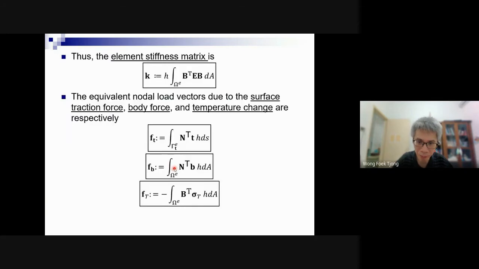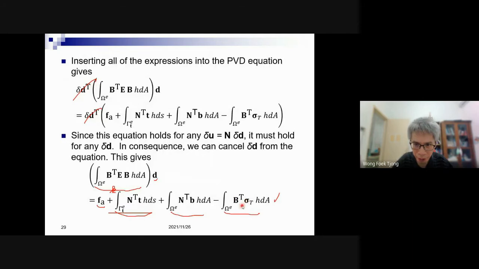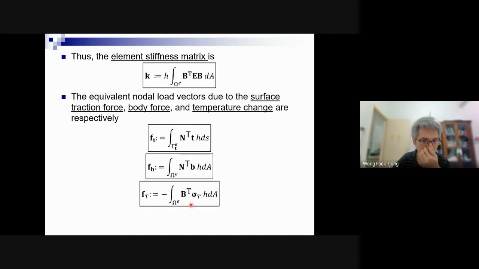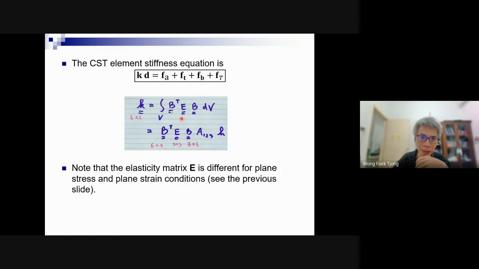And lastly, this is also an equivalent nodal force relating to the temperature effect, so minus B transpose sigma t H T. Again, sigma t depends on whether it is a plane strain or plane stress problem. So we now have the discretized equations: K d equals FA.